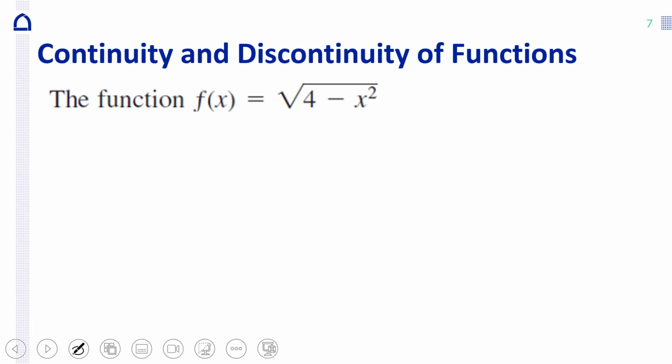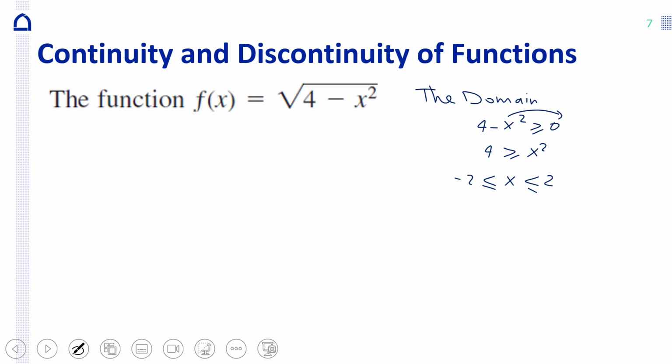Now, the function is a root function, right? So what is the domain here? The domain is the values of x making whatever is under the square root greater than or equal to 0. So move this one to the other side. So x is between -2 and +2, right?